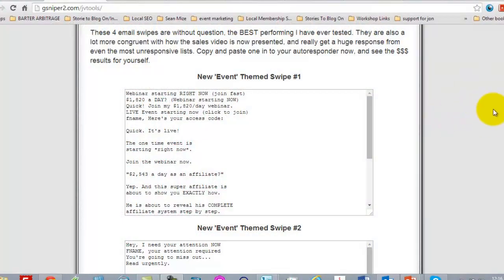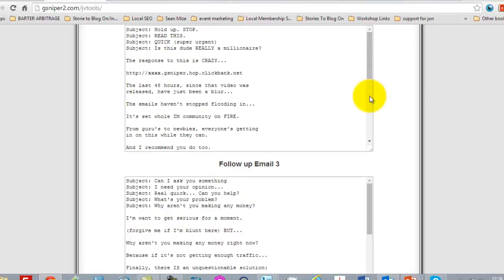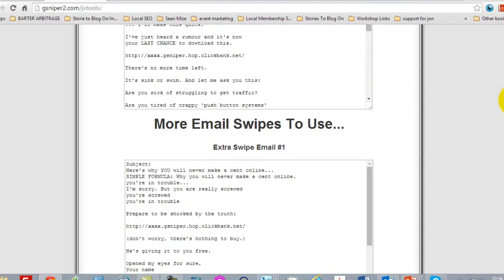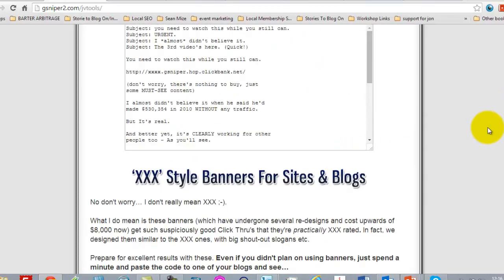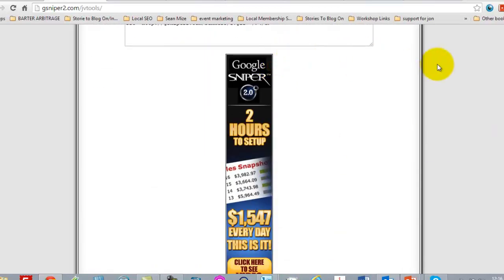Okay, for example, here's a marketer that's giving swipe emails. Right? You can see this on their JV page. Follow-up emails. Right? They're making sure that they're giving you everything that you can possibly do. Extra emails that you can use. Banners that you can put on your blog, and you can see these there.